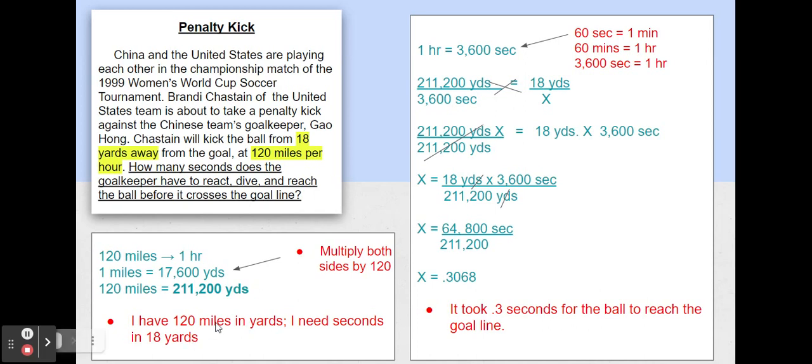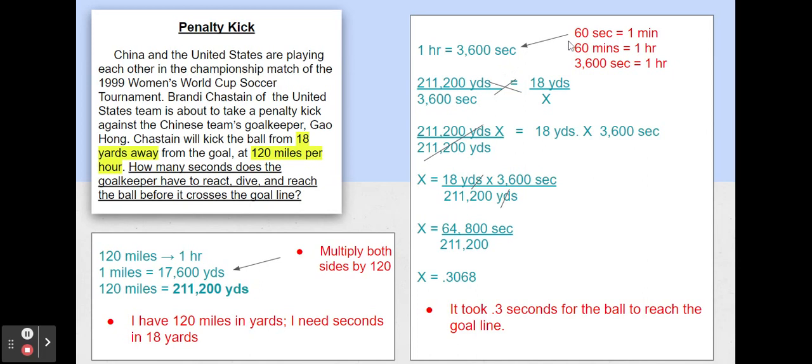So now that I have converted my miles to yards, I also need to figure out my seconds in 18 yards, because I remember 18 yards is how far away she is from the goal. So I need to convert my hours into seconds here, which I have to do a little extra work on the side.